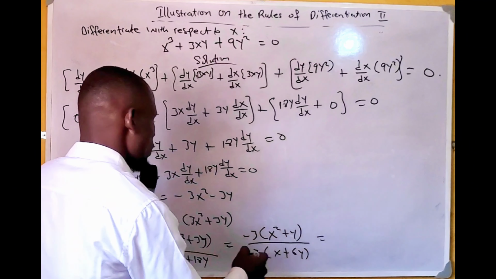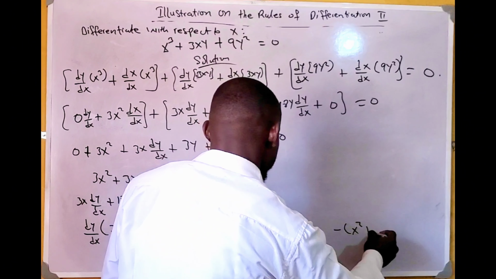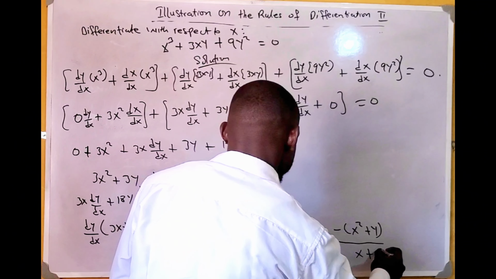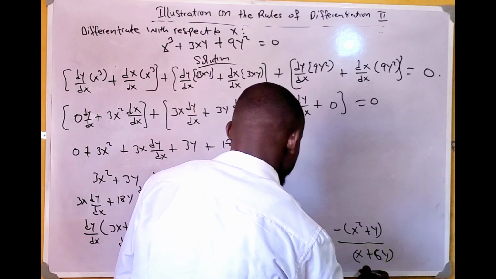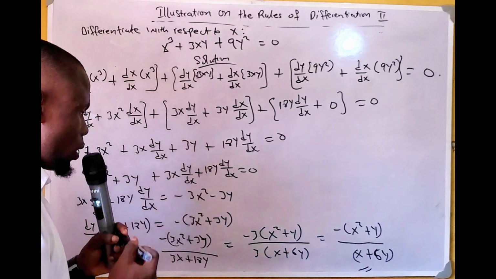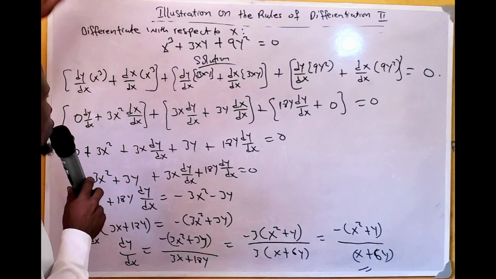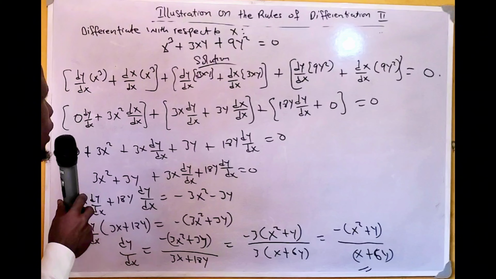So therefore, we have 3 cancel 3, we have minus into s square plus y, all divided by x plus 6y. And this will be the final answer when we simplified the derivative of s raised to the power 3 plus 3sy plus 9y squared equals to 0.